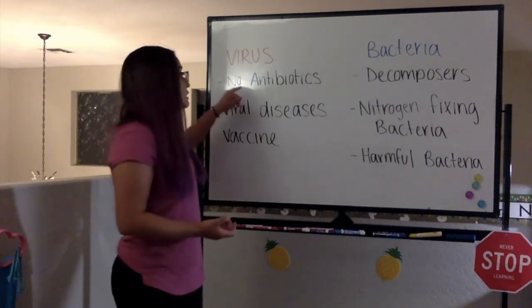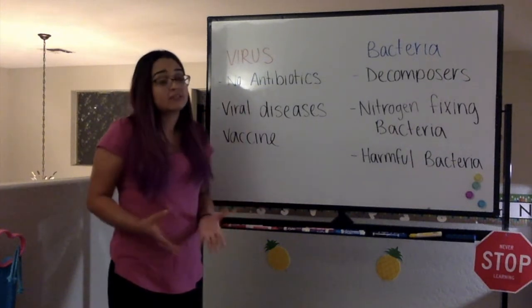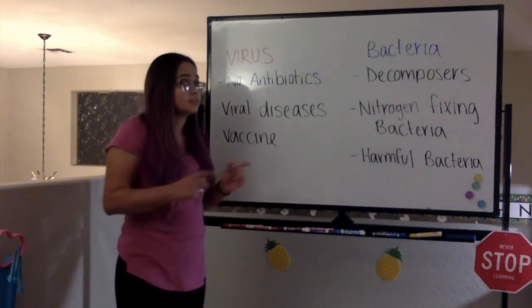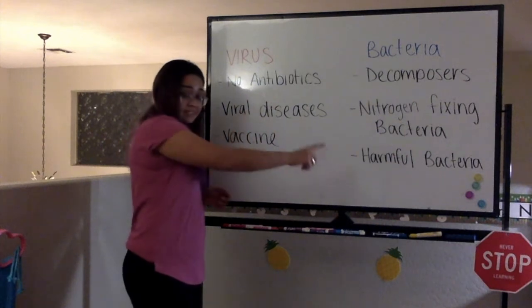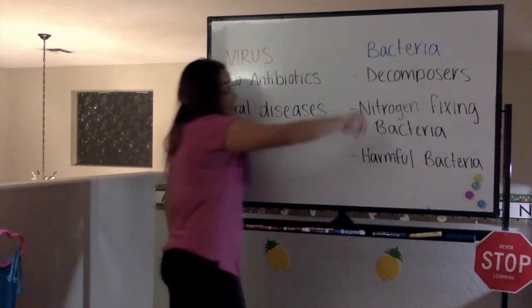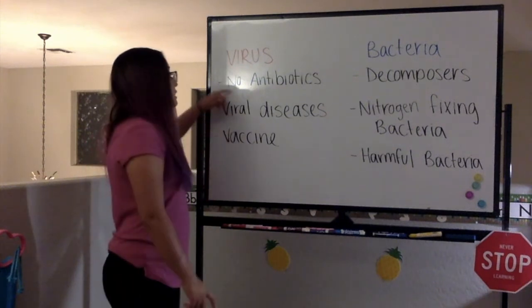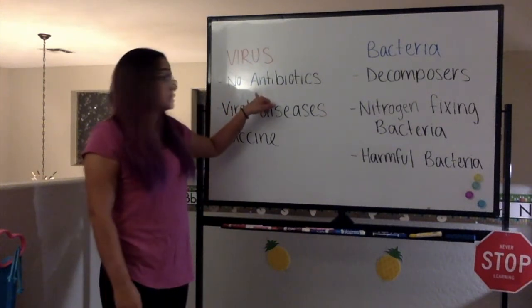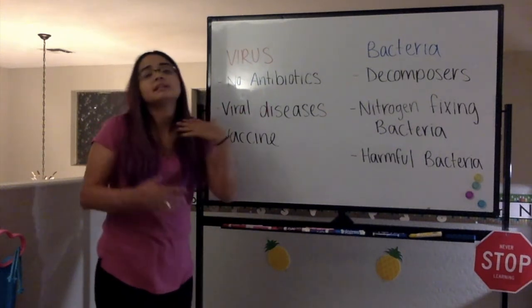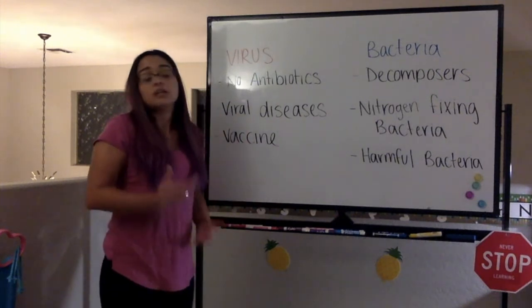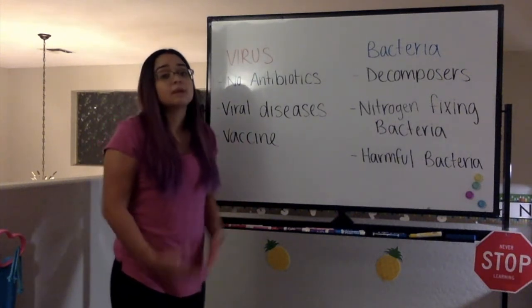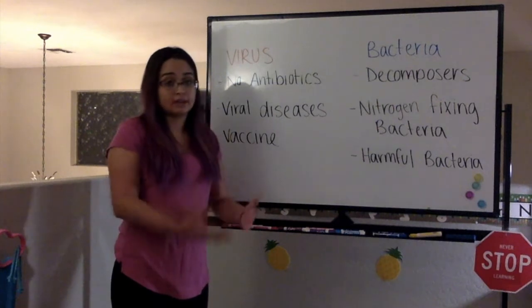Give me a separate bullet point, so you're going to have a total of 12. Since I have 6, I have 3 for viruses, 3 for bacteria. I'm going to have you add in another bullet point, no antibiotics. What did I mean by no antibiotics? No antibiotics can be prescribed to help you cure a viral disease.